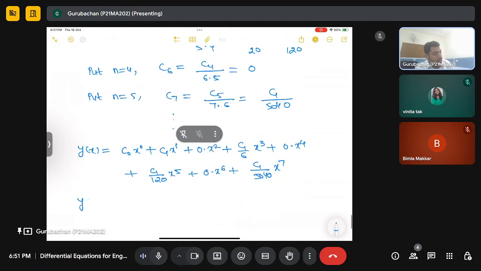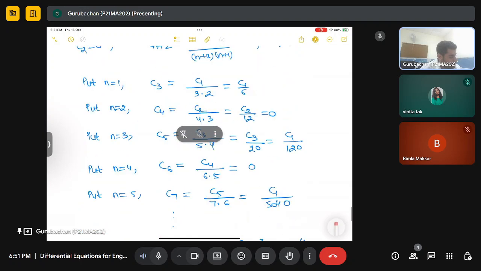So what we will do, we will take the arbitrary constant outside, it will be 1 plus x cube by... let me just verify it. What is the answer?